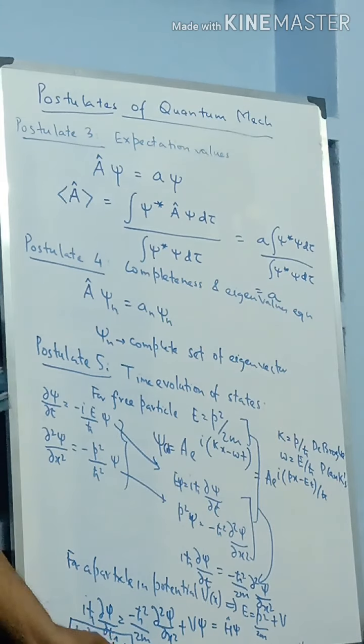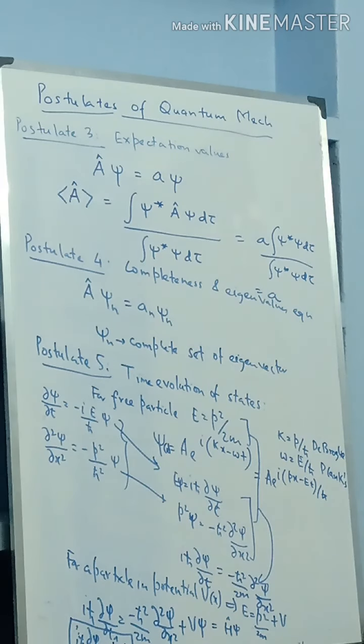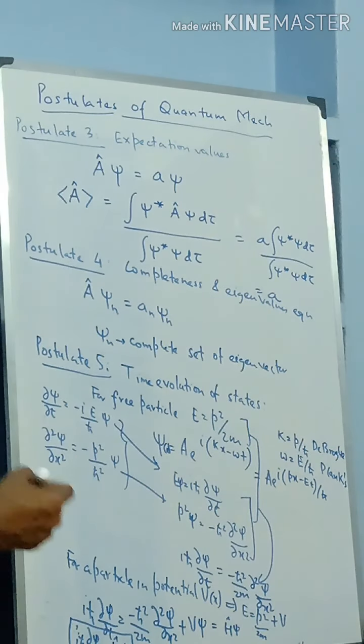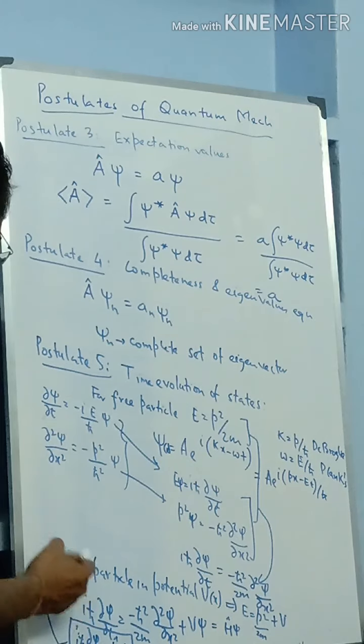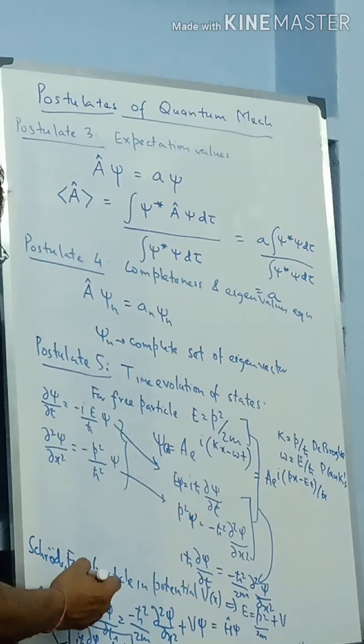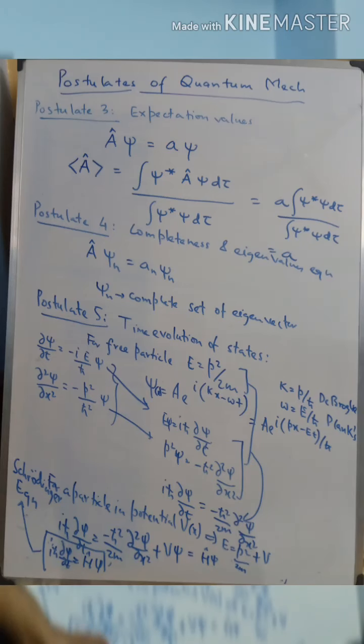It may appear to you that I have derived the Schrodinger equation, but this is not the case. I haven't derived the Schrodinger equation. This is to be emphasized: this is one of the postulates of quantum mechanics, and this is one of the fundamental rules of nature.